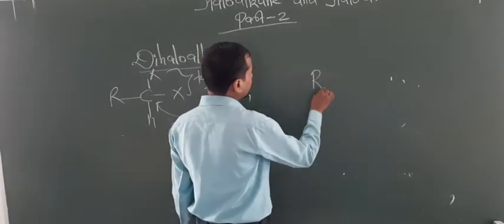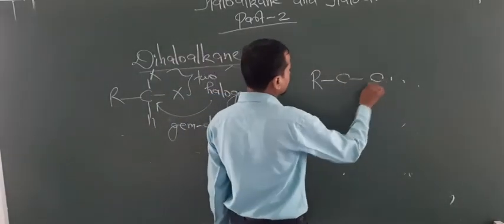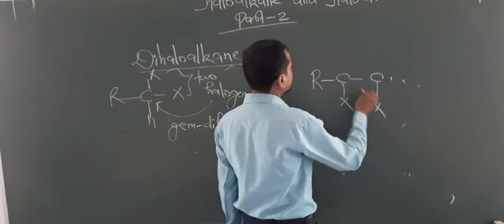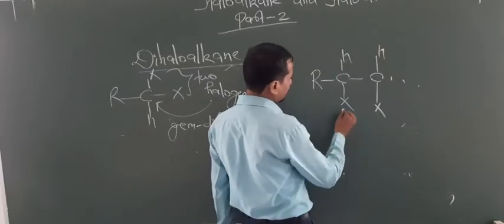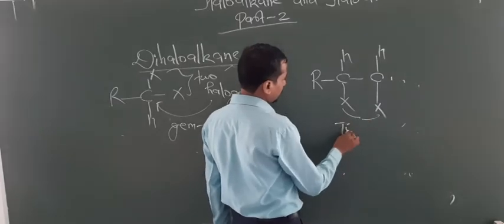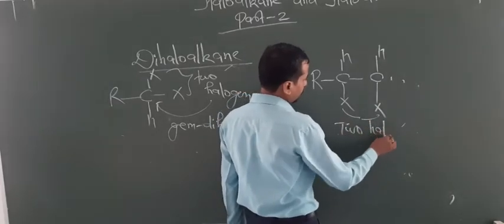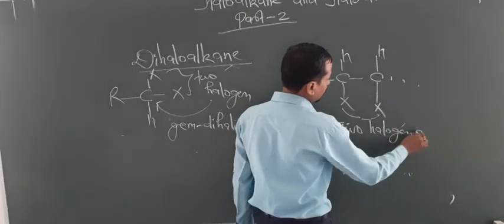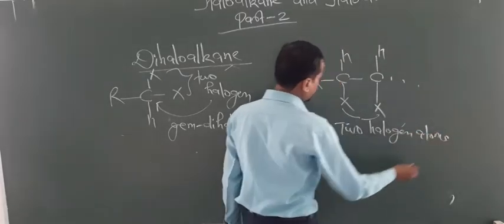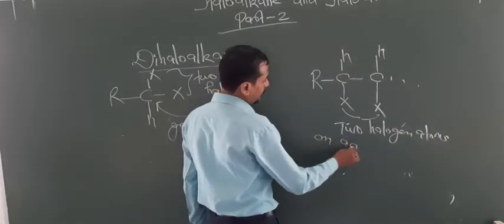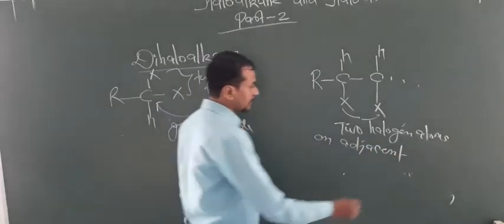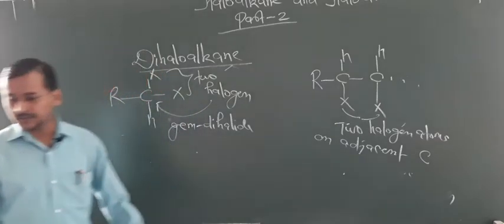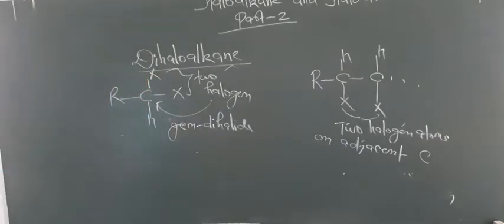Now here two halogen atoms are on adjacent carbons, so this is known as vicinal dihalide.